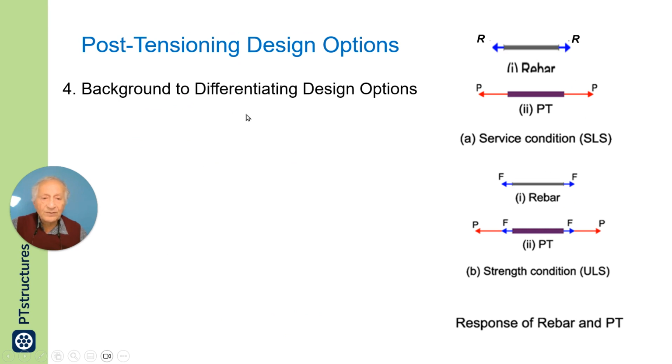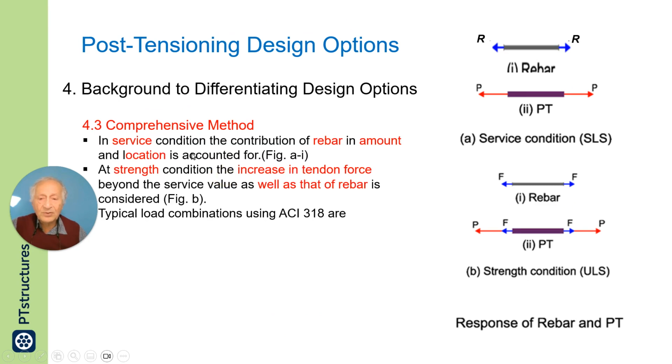Now let us go to the last one, comprehensive method. In the comprehensive method, in service condition, the contribution of rebar is accounted for in location and magnitude. Now, remember, in the other two schemes, for service condition, rebar was assumed to have no stress.